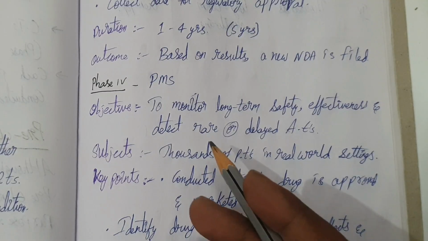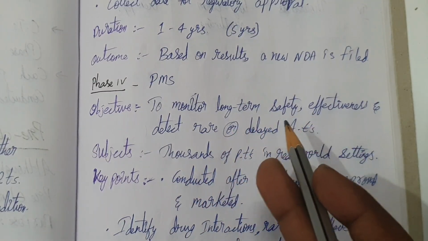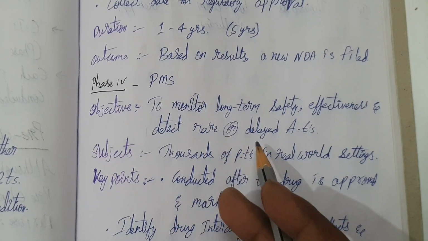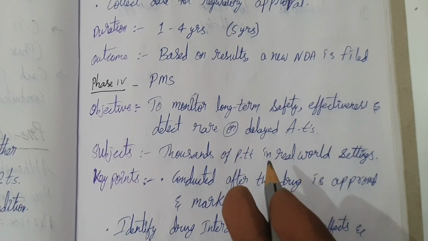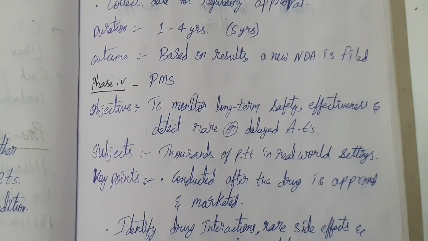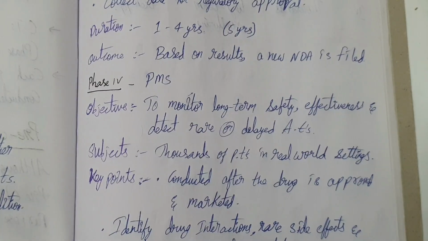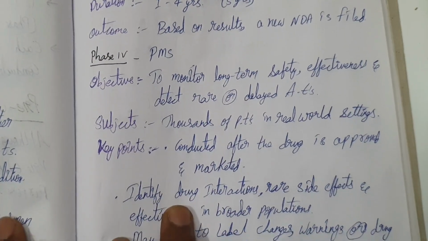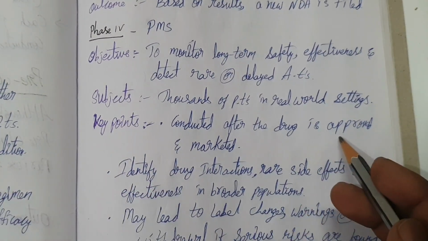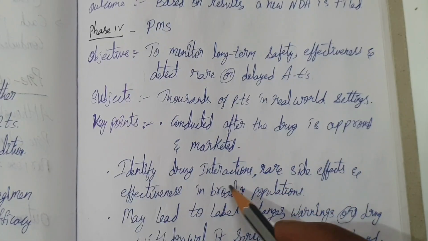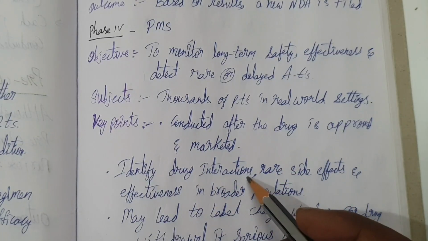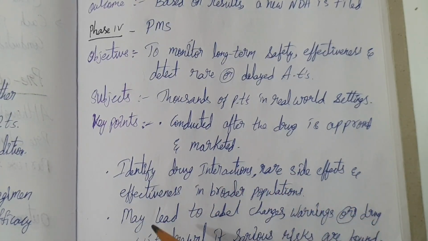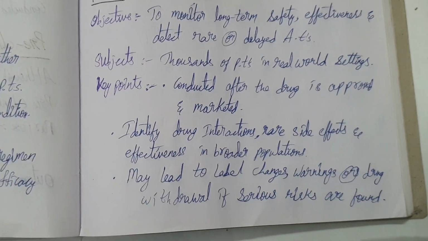So the objective is to monitor long-term safety and real-world effectiveness, and we monitor ADRs and ADEs. Subjects we can't specify, because thousands of patients are using it in the real world.